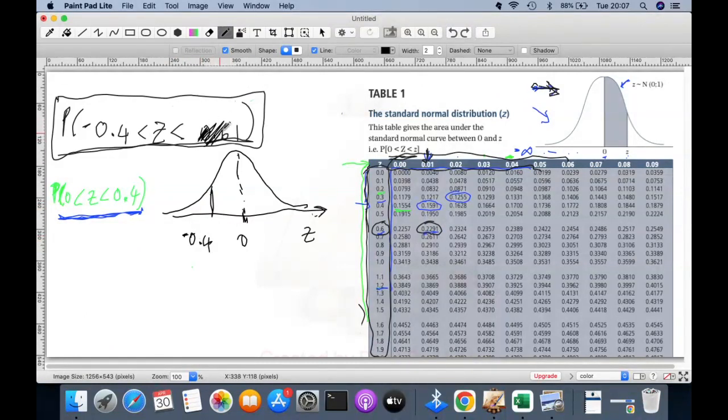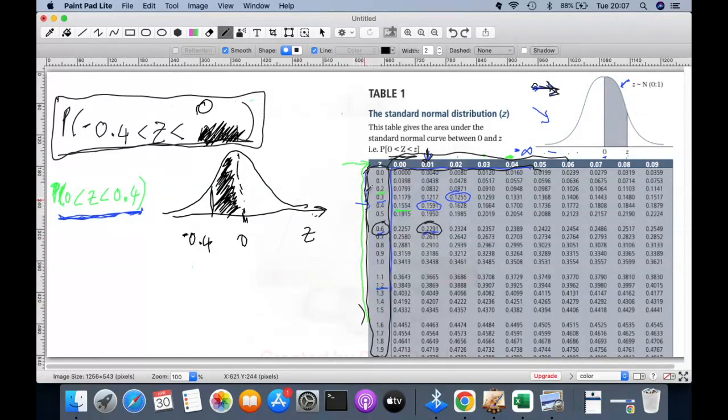Let's forget the 0.61 part. In other words, what is the probability of z being between negative 0.4 and 0?